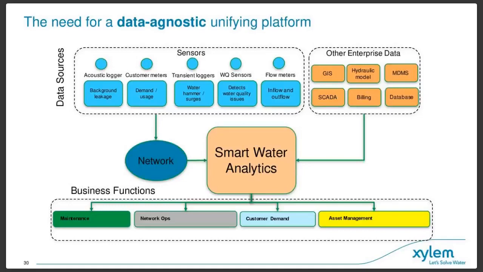And that can have value across a variety of different business functions, not siloing in terms of customer meters are just used to monitor demand and improve billing, but customer meters can be valuable to help root cause problem areas, identify customer side leakage, and help with the DMA level management.